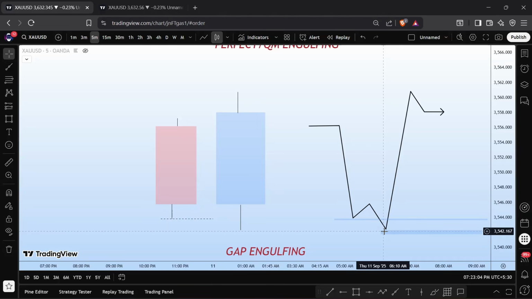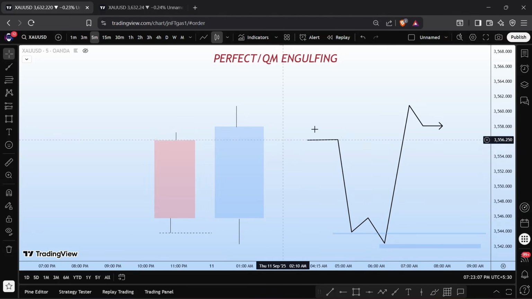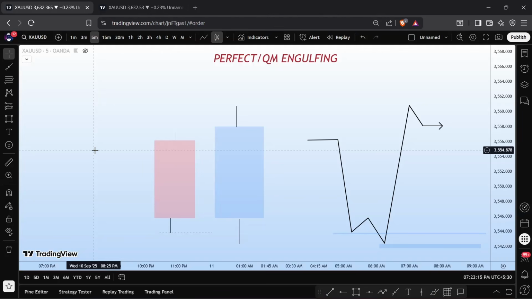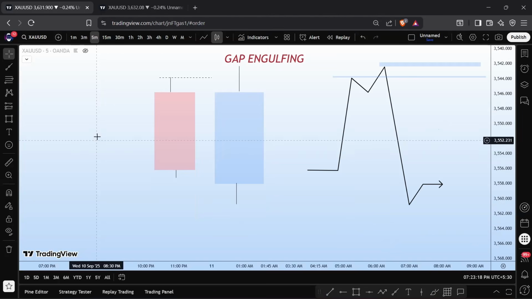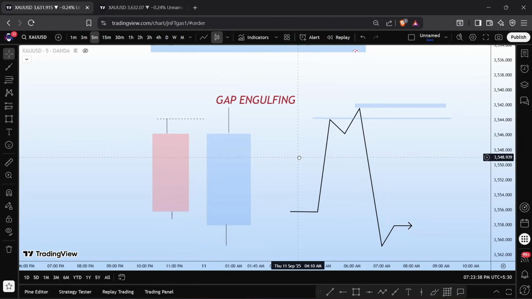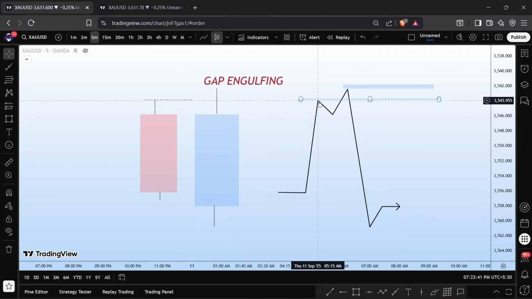Okay, and if we look at your bearish scenario, in the bearish case, let's say this is a bullish candle, the low of this bullish candlestick has to be engulfed with the body closer of a bearish candle, and the high has to be engulfed as well. So that makes it a bearish perfect engulfing pattern. Okay, and that will form a Quasimodo pattern in the lower time frame.